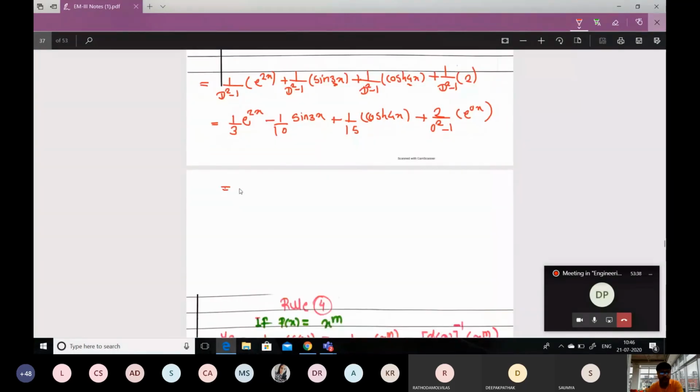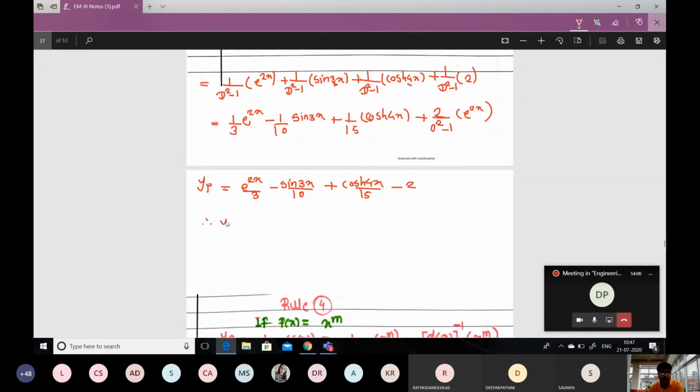So here we obtain e to the power 2x by 3 minus sine 3x divided by 10 plus cos hyperbolic 4x divided by 15, and the last term, because of that minus, we get minus 2. This is equal to yp.